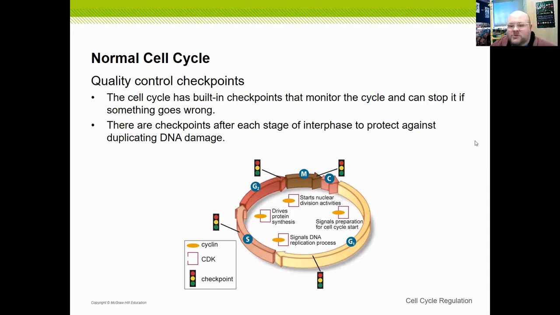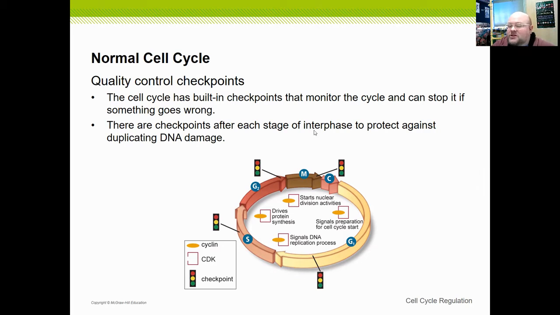Again, these checkpoints, we think of them as quality control checkpoints. The cell cycle has these built-in checkpoints that are supposed to monitor the cycle and then stop the cycle if something goes wrong. If they notice DNA was transcribed and translated incorrectly, or something's going on, all kinds of things, these checkpoints can stop, reverse a little bit, and try to correct it, or stop altogether if there's no way to correct it.